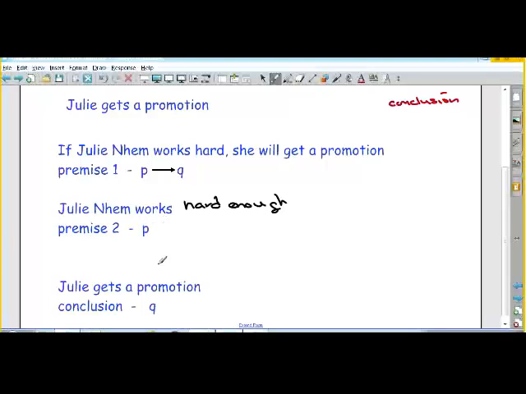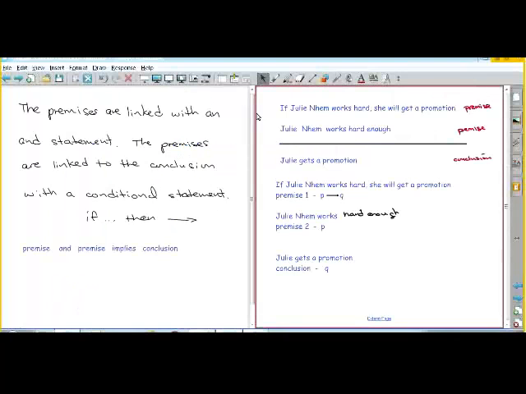So we've got a conditional, a statement, and a statement. Then we put all those together into one complete logic statement. We said the premises are linked with an AND statement, and the premises are linked to the conclusion with a conditional statement.